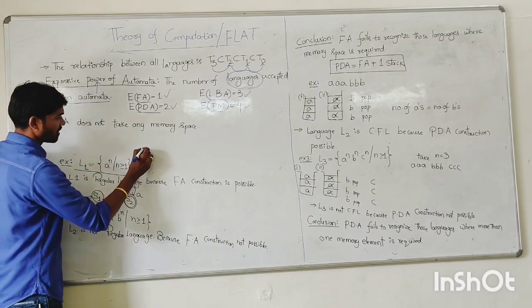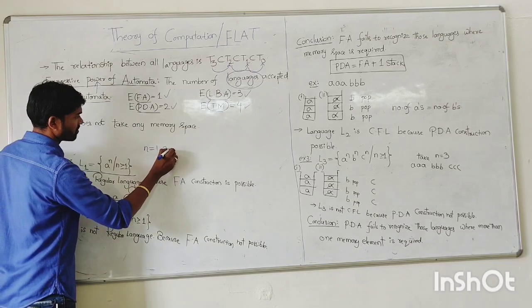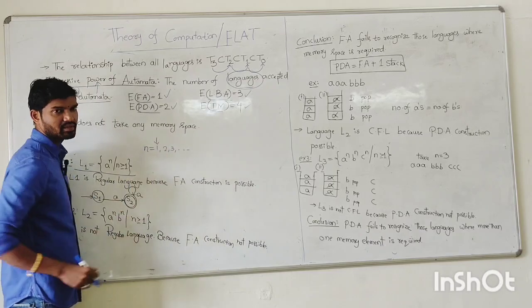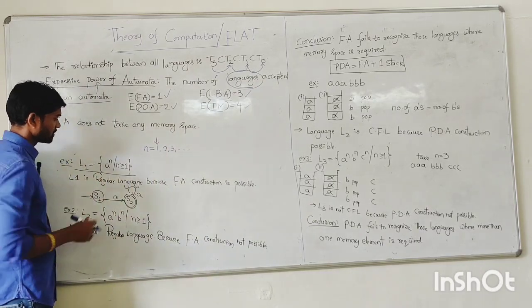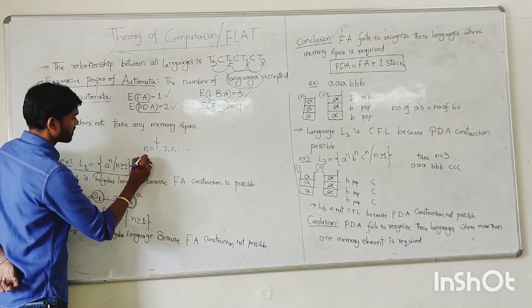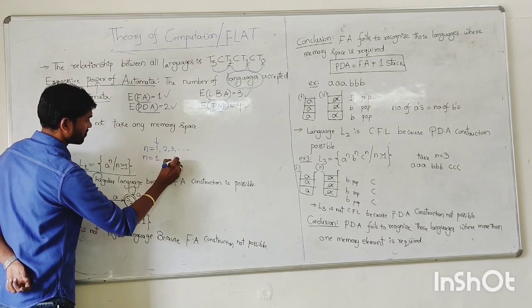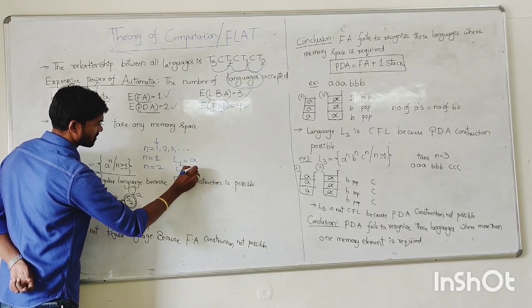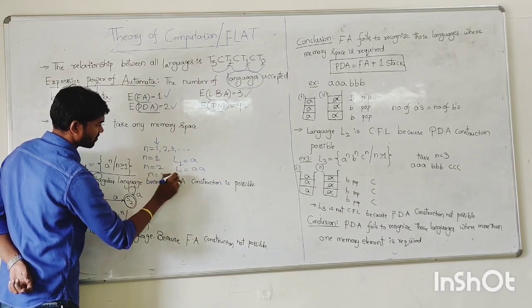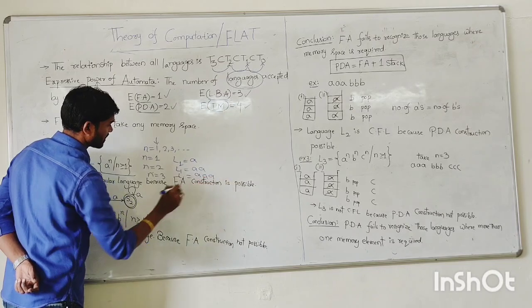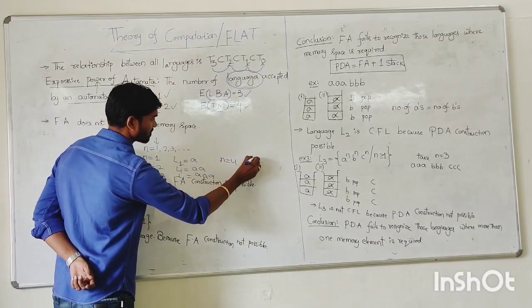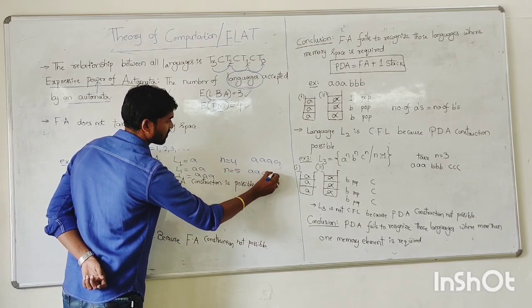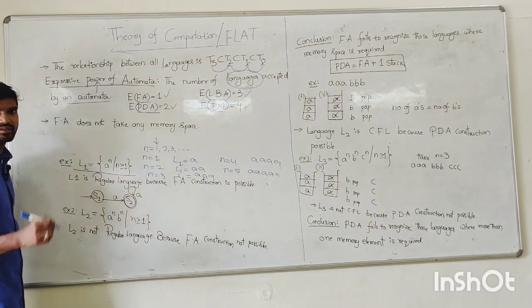It means that n should be minimum 1, thereafter 2 or 3, like this. If n is equal to 1, the language L1 is a single a. If n is equal to 2, it is aa. If n is equal to 3, 3 a's. If n is equal to 4, 4 a's will come. If n is equal to 5, 5 a's. Like this, n number of a's will come.